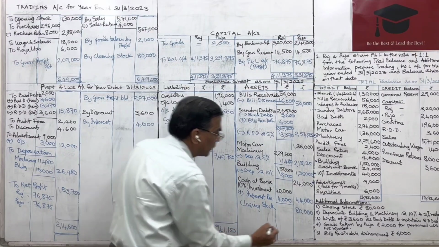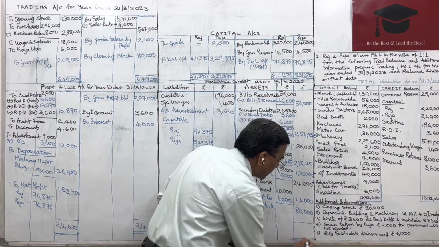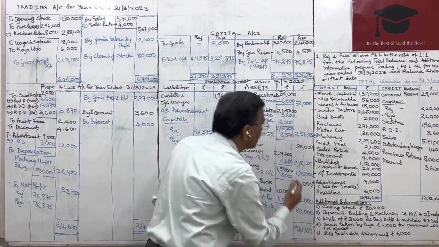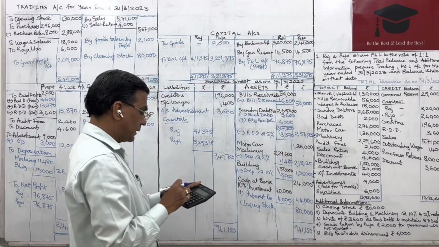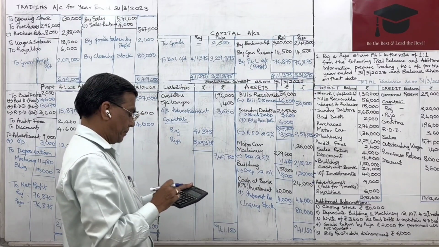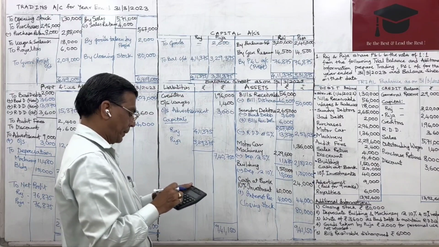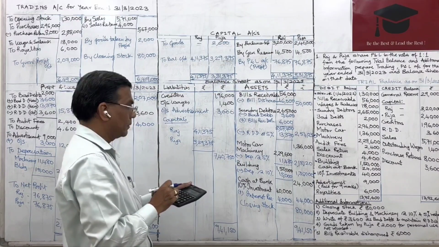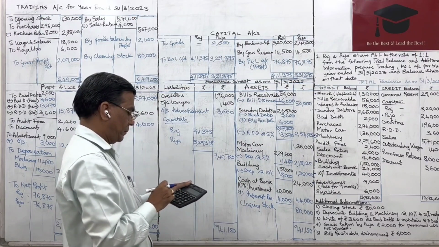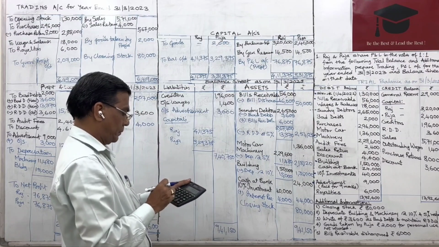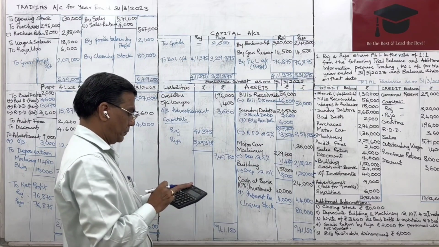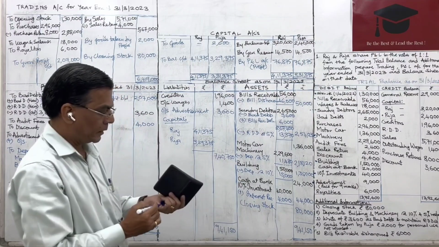Total 9,41,150. 9,41,150. We check out the asset side. It tallies.